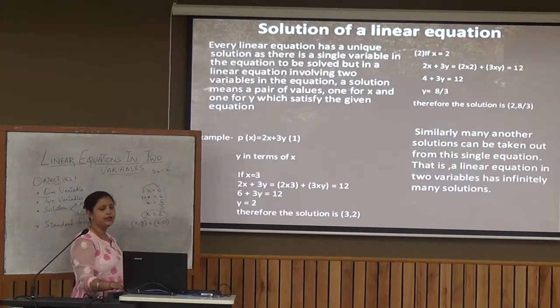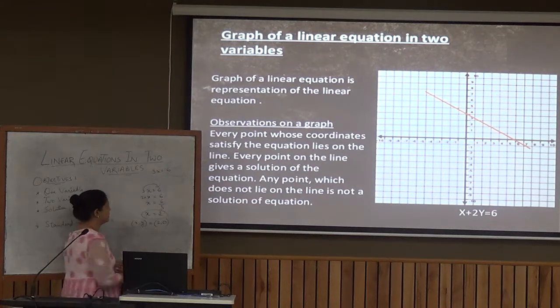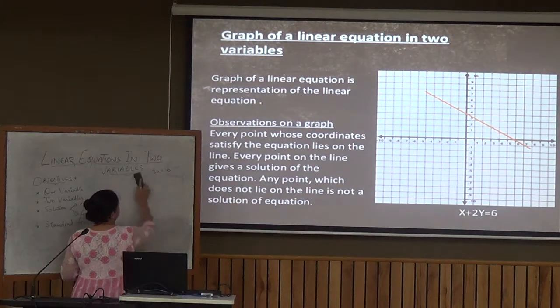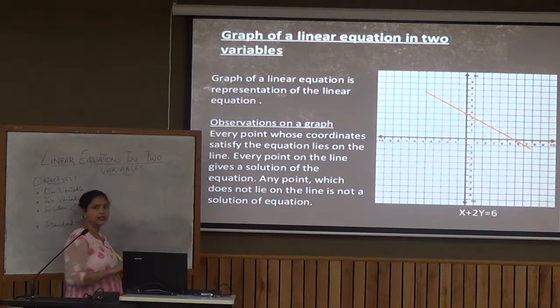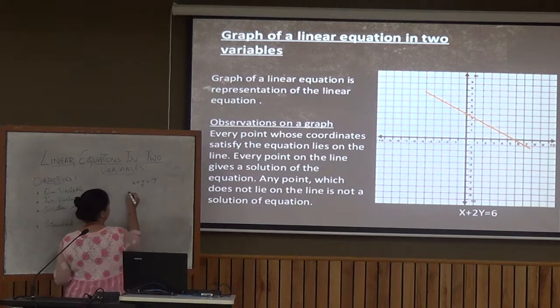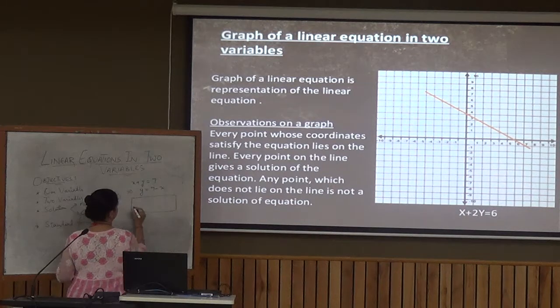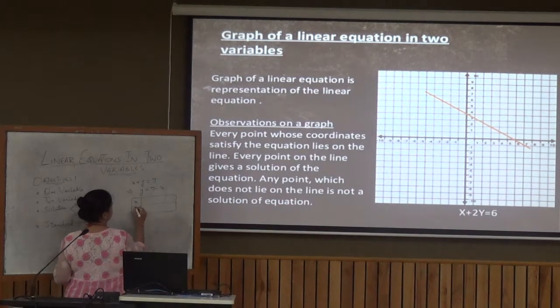Coming to the other method of solving linear equations, we will go to the graphical method. Under the graphical method, let us discuss how we get the previous equation x plus y equals 7. As you all have seen, we expressed y in terms of x and made a table with the heads x and y.